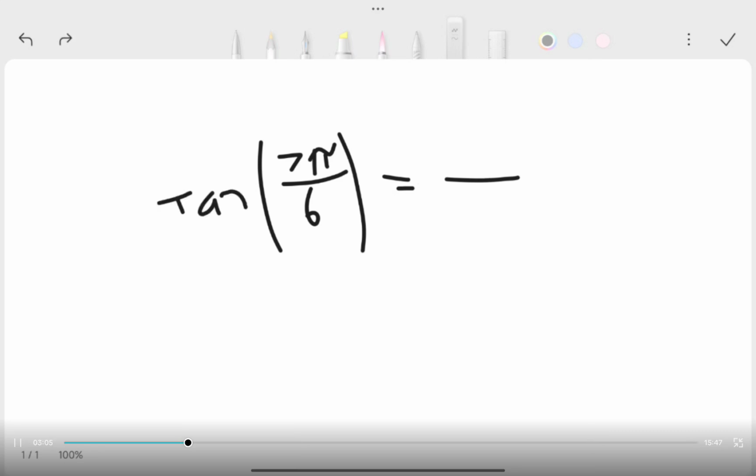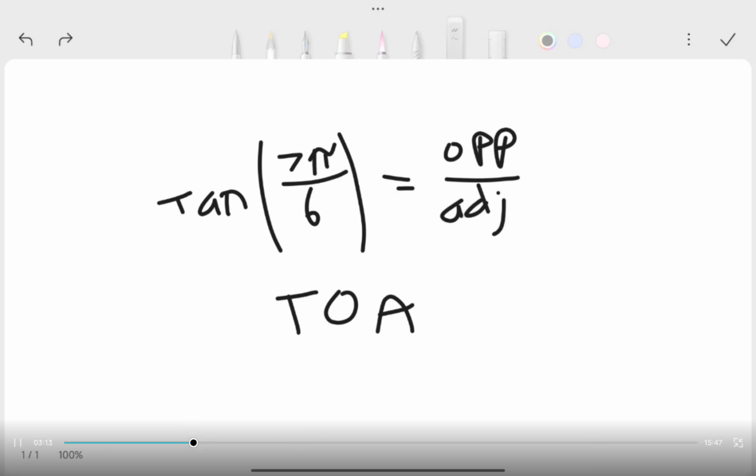So next is the tangent. Tangent is equivalent to TOA, meaning the opposite over adjacent. So our opposite is negative 1/2 over the adjacent, which is negative square root of 3 over 2. Just simply solve it.